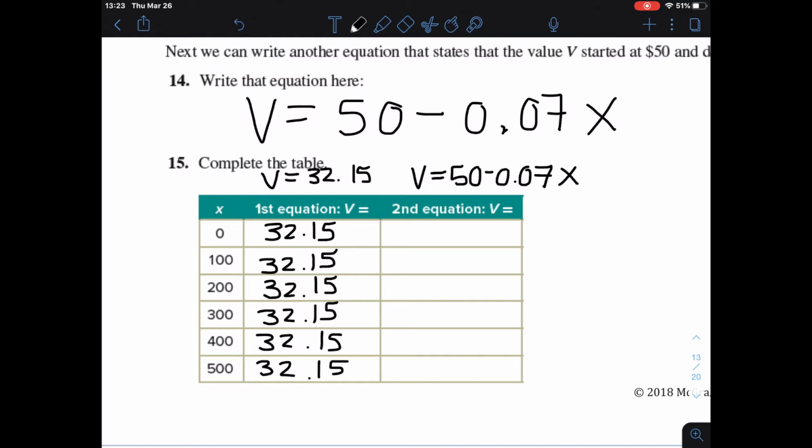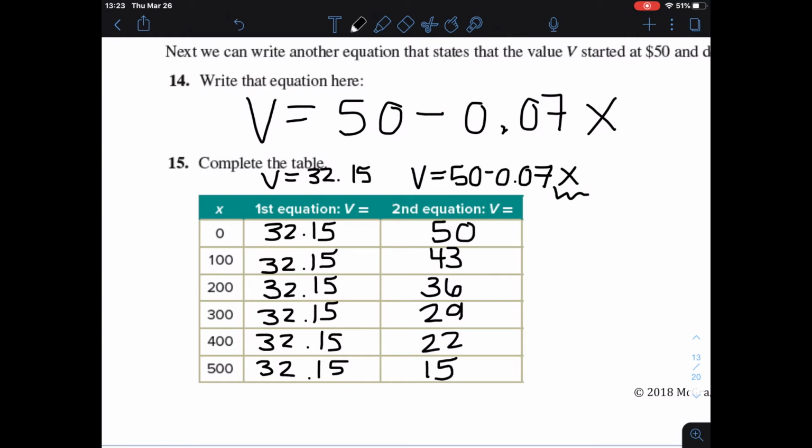For the second equation, if we plug in 0, the value starts out at 50 bucks. If you used 100 minutes at 7 cents each, that's 7 bucks, so you get 43. Likewise, if you plug in 200, you get 36. You'd get 29, 22, and 15.